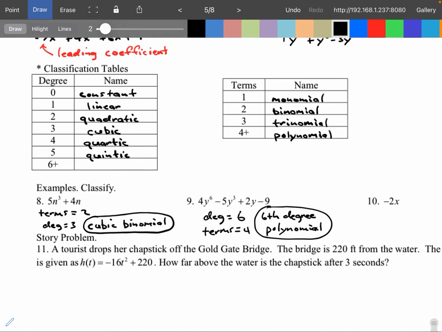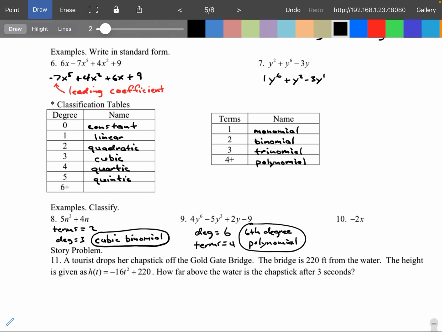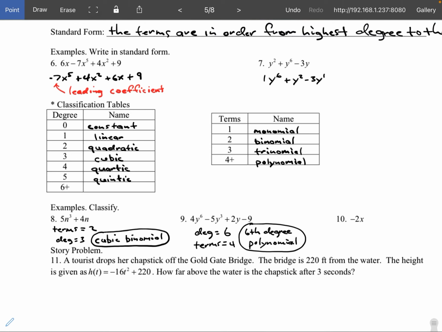All right, and then they do have one story problem on here. It says that this h of t function represents the height of, what did they throw off? It says they threw a chapstick off of the Golden Gate Bridge.